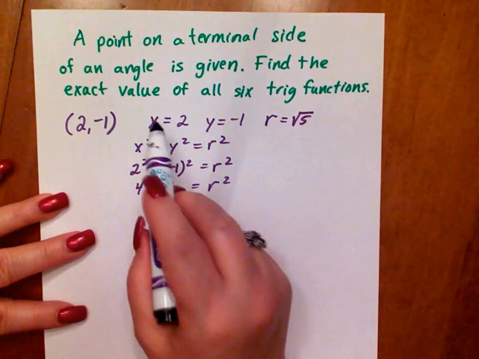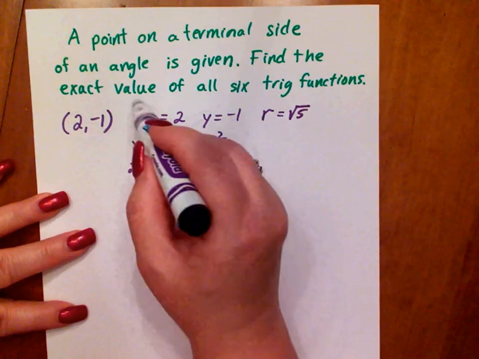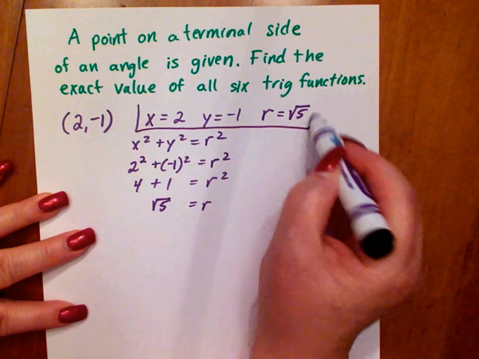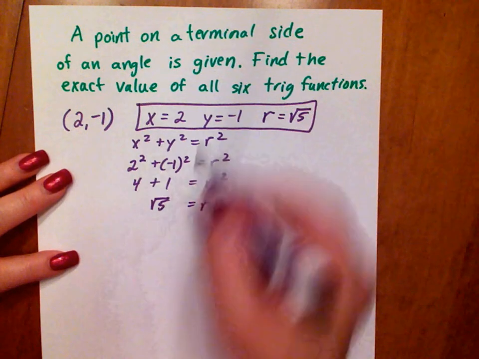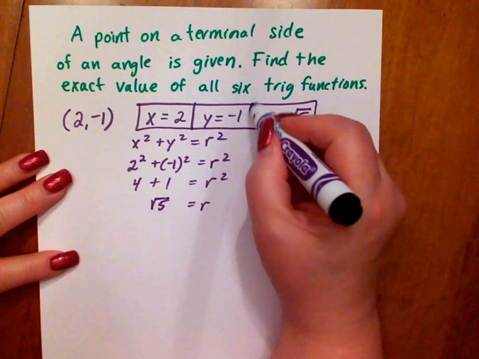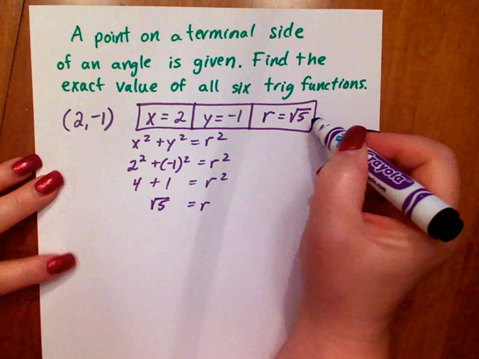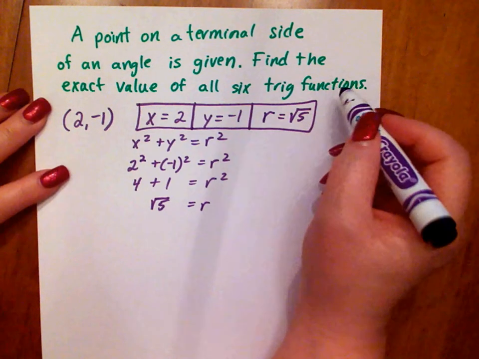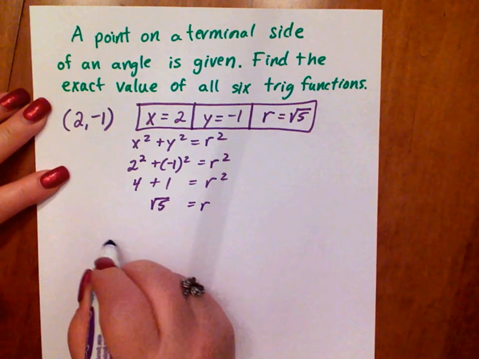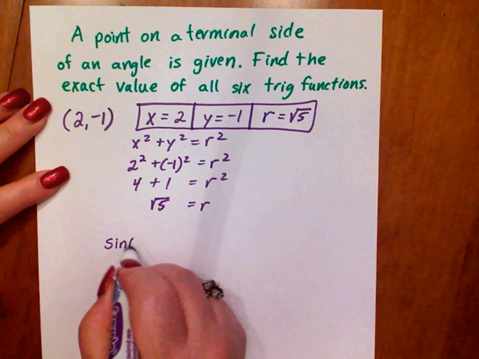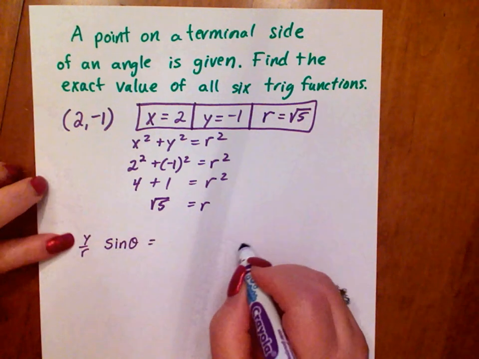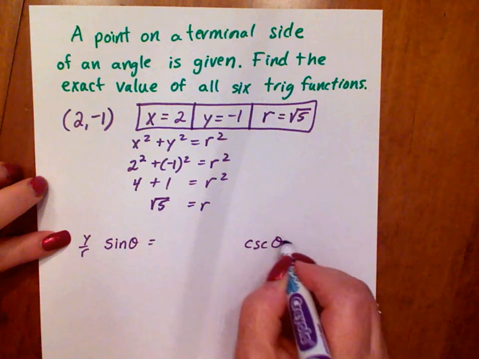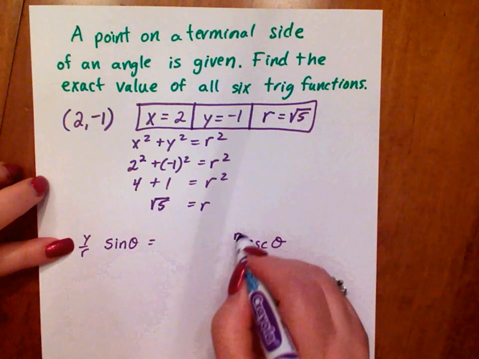Okay, so I know x is 2. This is kind of the critical information that I know to start with. And I can solve all my problems using these now that I know x is 2, y is -1, and r is equal to square root of 5. They ask me here to find all 6 trig functions. So to start with, remember that sine of theta is y over r, and its reciprocal is cosecant of theta, and that would be actually r over y.